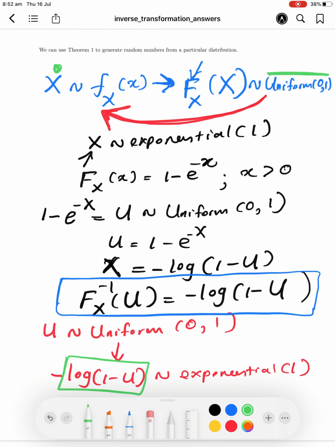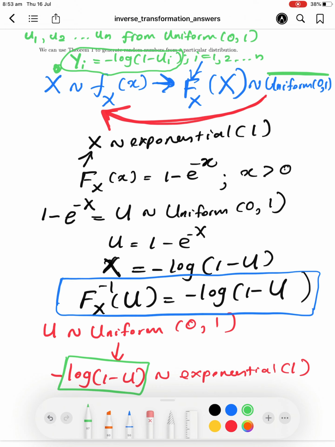So in other words, if we generate u1, u2, up to un from uniform 0, 1, then the y_i values, that's minus log(1 minus u_i), where i goes from 1 to n, these new values are independently and identically distributed, and these new random variables are generated from the exponential distribution with parameter lambda.